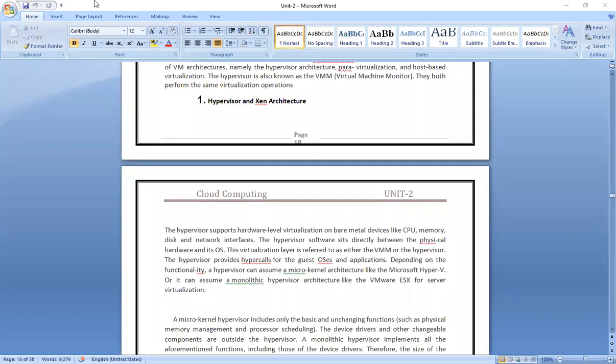So a hypervisor runs directly on the underlying host system, and it is also known as a native hypervisor or bare metal hypervisor. And it has direct access to the hardware resources.